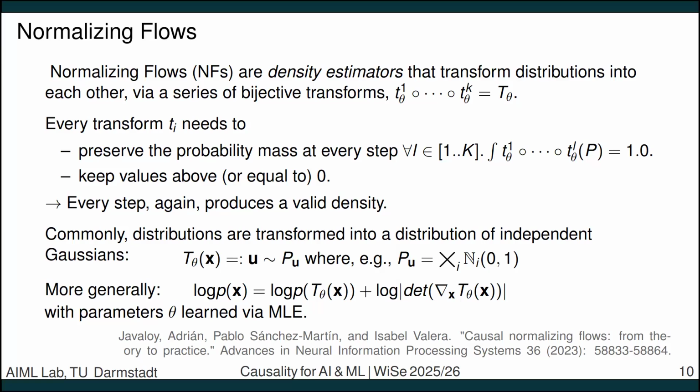For numerical stability and so on, as you've probably seen before, we do all of those operations in log space. So this product between the transformation and the determinant then becomes an addition. And during training, we have a layer of transforms, and we optimize the parameters of those transforms.